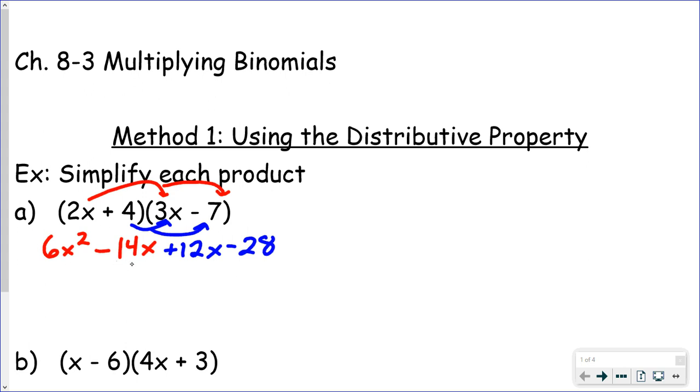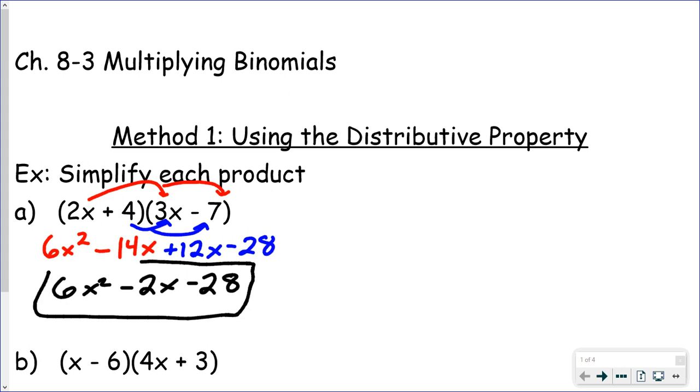The minus 14x plus 12x I can combine together. 6x squared has nothing to combine with, so I just bring that down. Negative 14 plus 12 is negative 2x, and then I just bring down the minus 28. And that's your answer: 6x squared minus 2x minus 28.